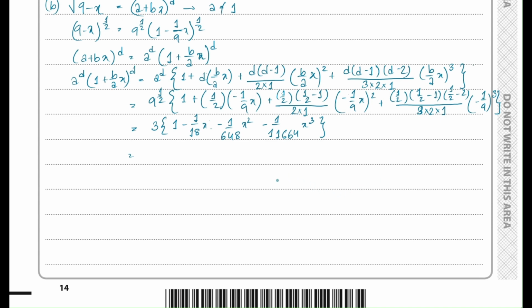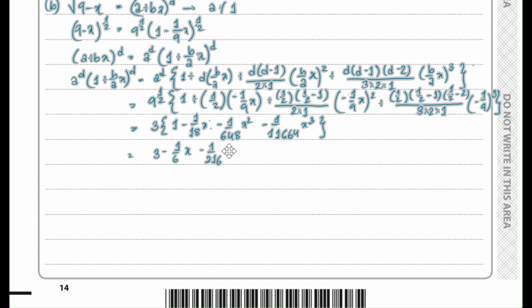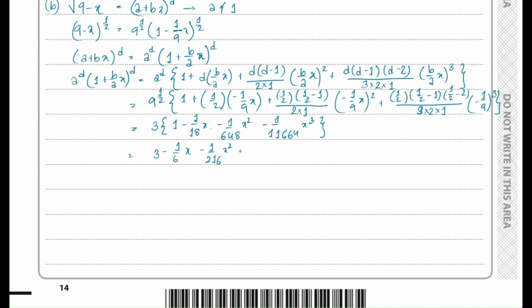So this would be 3 minus 1 by 6 x minus 1 by 216 x squared minus 1 by 3888 x to the power 4.